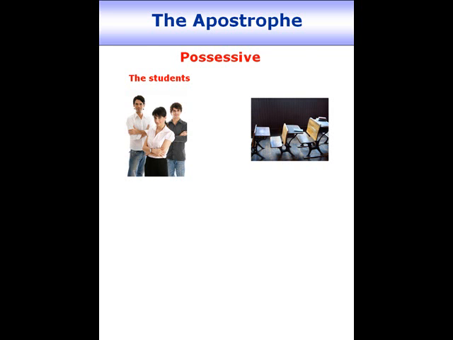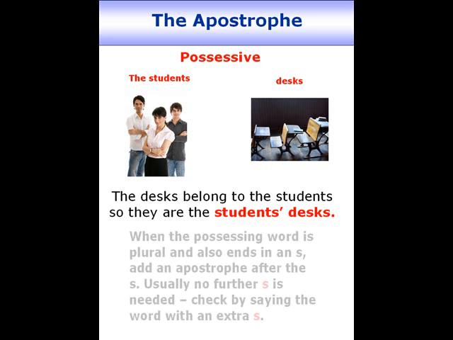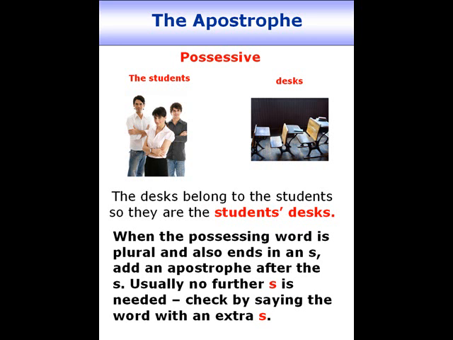Meet the students. Take a look at their desks. Now you can see that the students is plural and it ends in an S. The desks belong to the students, so they are the students' desks. So here's the rule.